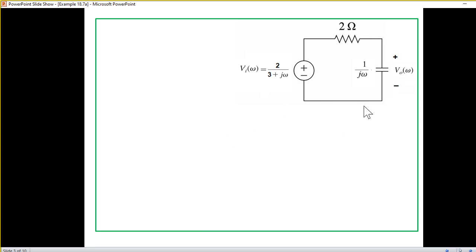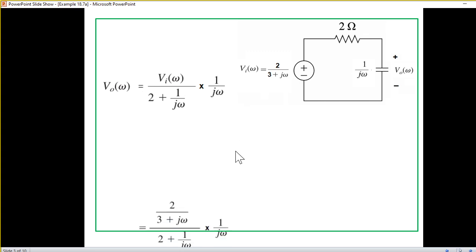Now, we could solve the output straight away as I have shown here, but I will follow the book because the book follows a slightly different method. Just for your knowledge, Vout is Vin divided between these two and multiplied by 1 over jω. So Vout is Vin divided by (2 + 1/jω), multiplied by 1/jω.